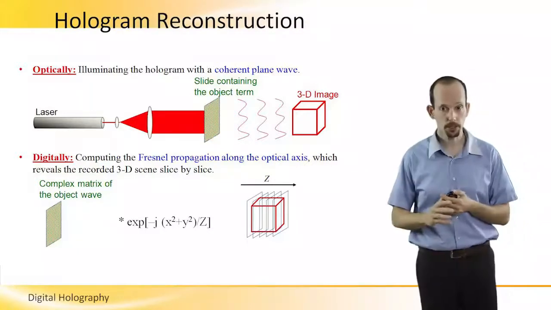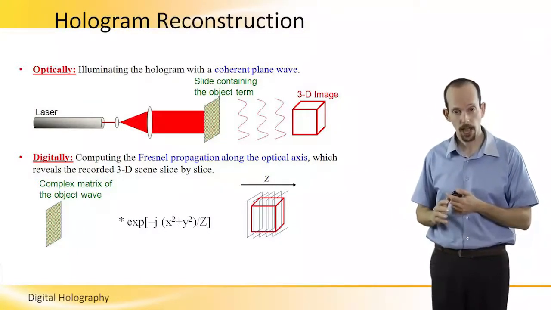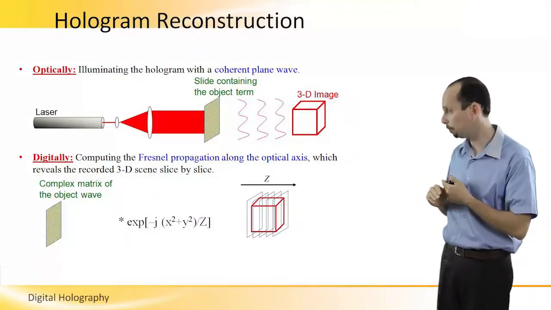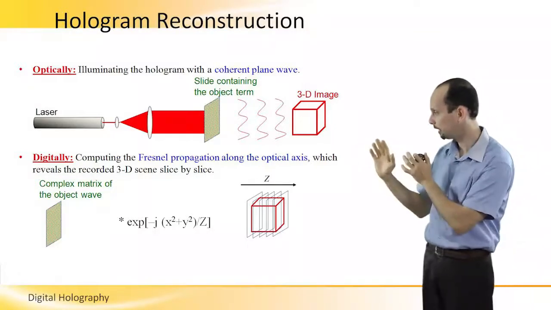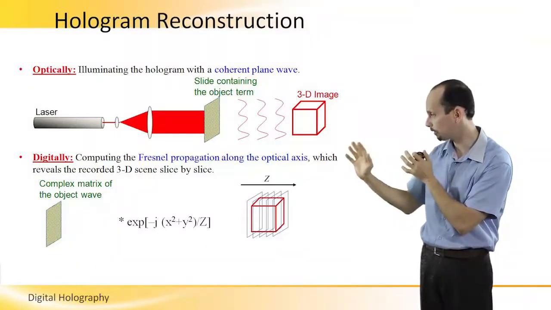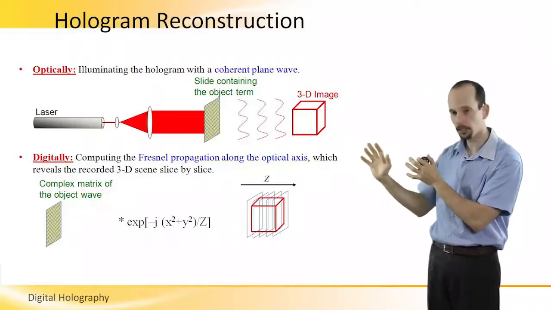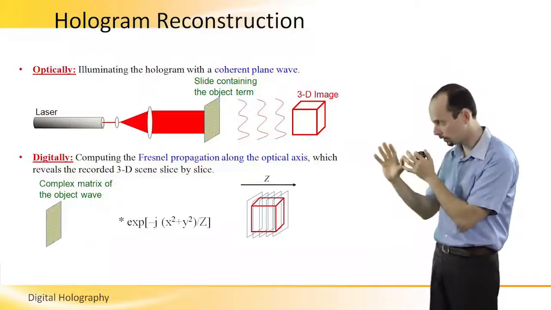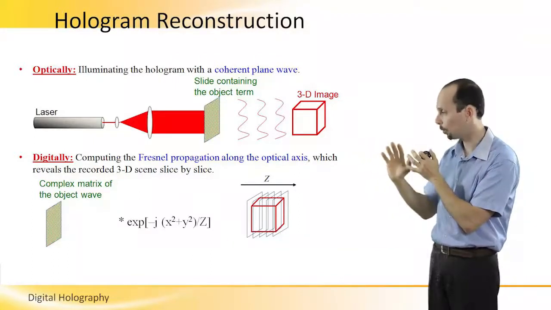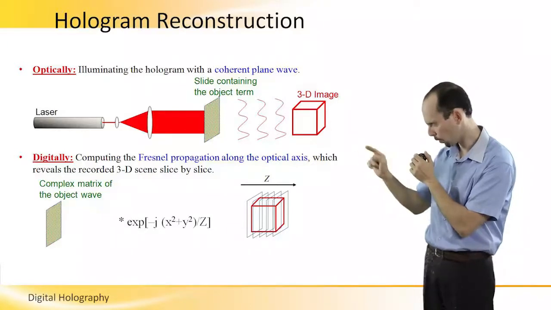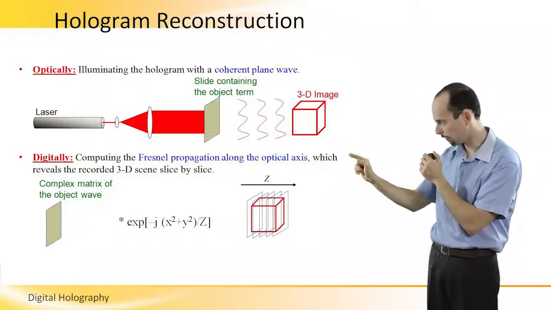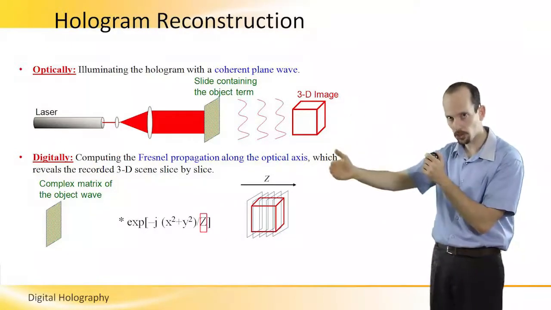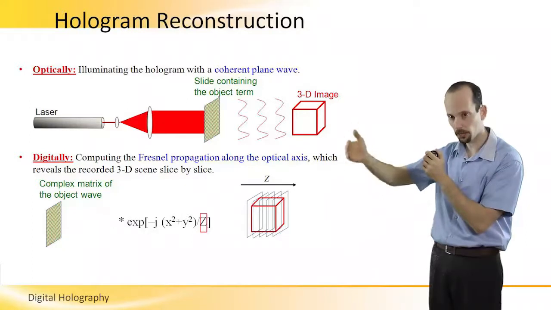But if I'm doing that digitally, I can actually simulate this projection using Fresnel propagation. I'm taking this complex matrix representing the complex object wavefront, and I'm digitally convolving it with a quadratic phase function, where in the argument I have x squared plus y squared over z, and z is different axial locations inside the 3D scene.